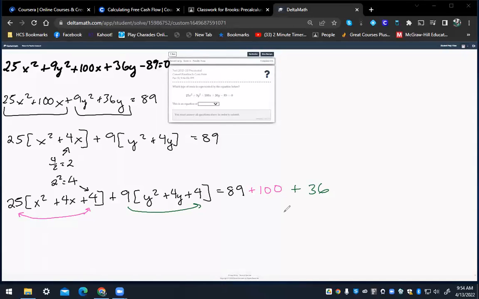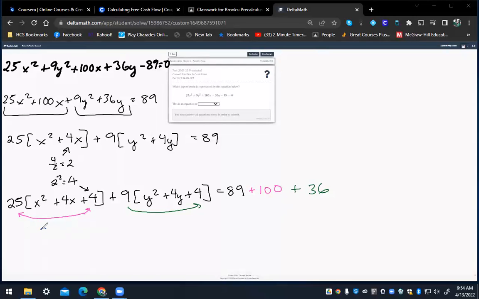I'm going to pause right there, but I want to make sure everybody understands this. Completing the square, y'all should be able to do in your sleep at this point. But the big key here is thinking, I'm not adding 4 to both sides. I'm really adding 100 and I'm really adding 36. So be careful about that. All right, next thing we want to do is recreate these.